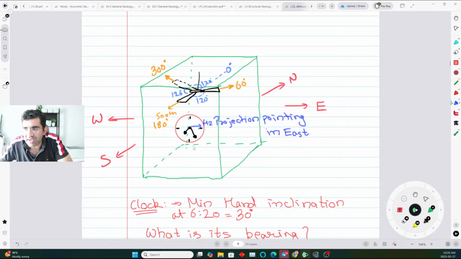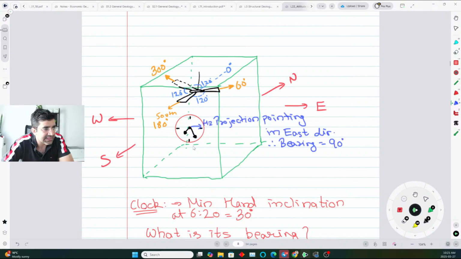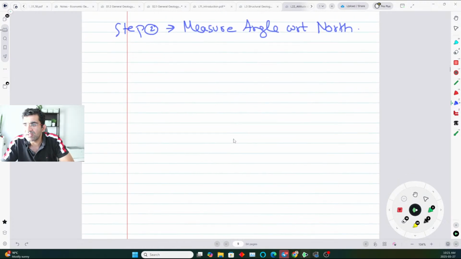So what will be the bearing? 90 degrees. It is pointing in the east direction, therefore it is 90 degrees. If you were to take the projection of the hour hand, it will point in the west direction, and then it will be 270 degrees.